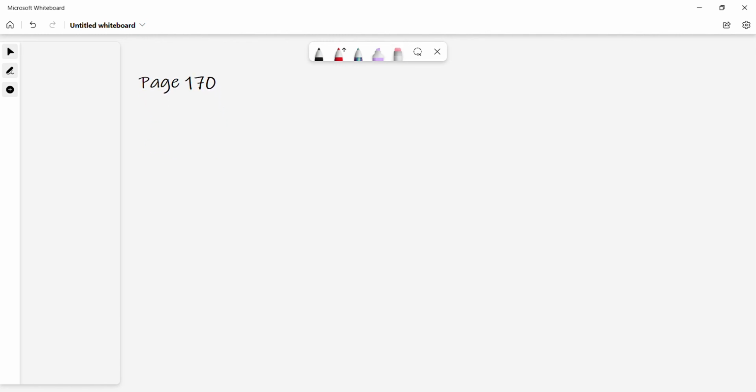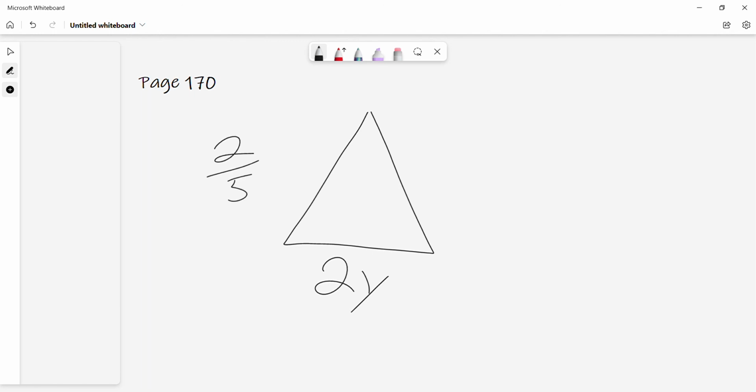Anne's garden has the shape of an isosceles triangle. I'm just going to go ahead and draw that now. Pretty decent. Looks isosceles. It has a base length of 2y and sides of 2/5 y plus 3. 2/5 y plus 3 on both sides. My finger is very fat.